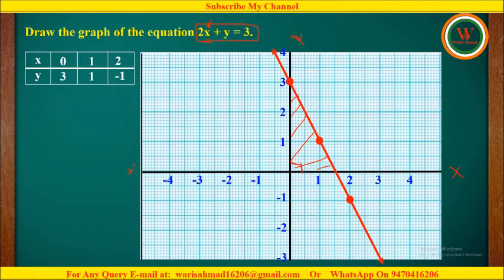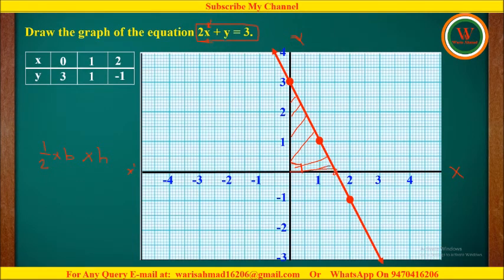So the area of this triangle is equal to 1 upon 2 into base into corresponding height. Here we can write 1 upon 2 multiplied by base multiplied by corresponding height. The base will be equal to 1.5. The distance from the origin to this point is the base, so it will be 1.5.